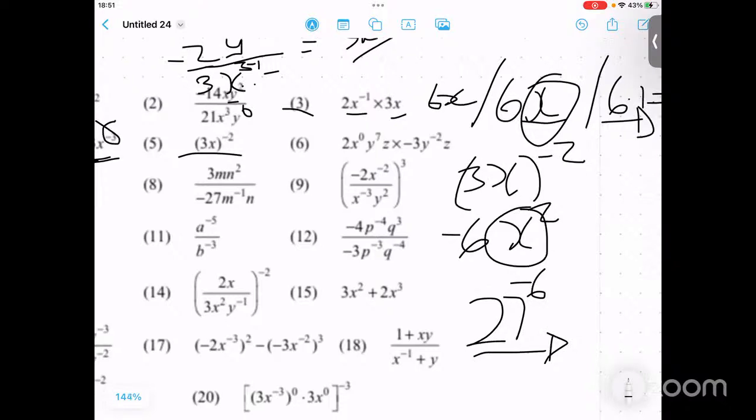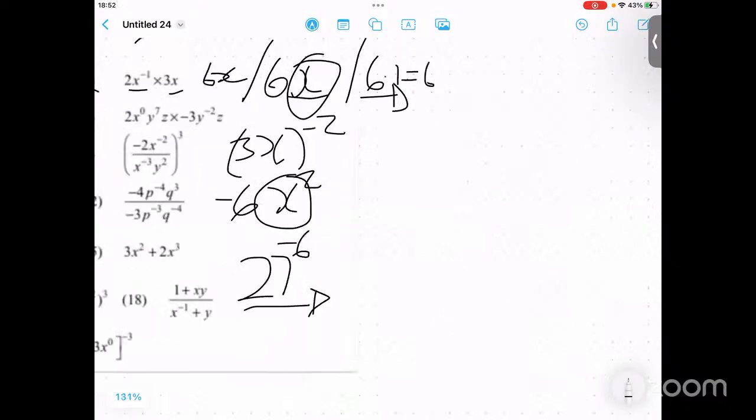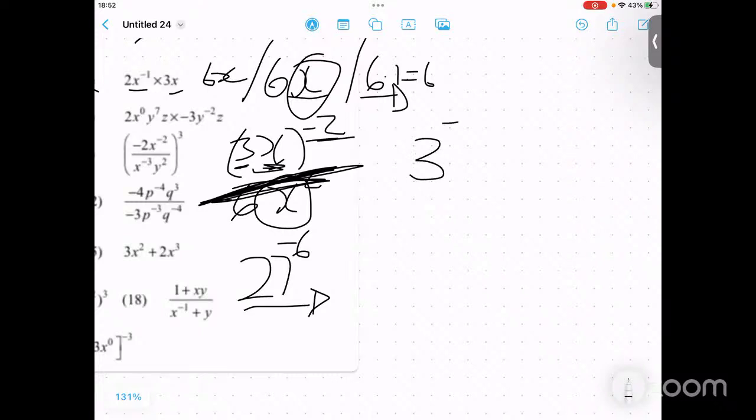Okay, guys, when you are having something like this, it simply means that the -2 is an exponent to the 3 and an exponent to the x. So it's more like 3 to the power of -2 and x to the power of -2, right?